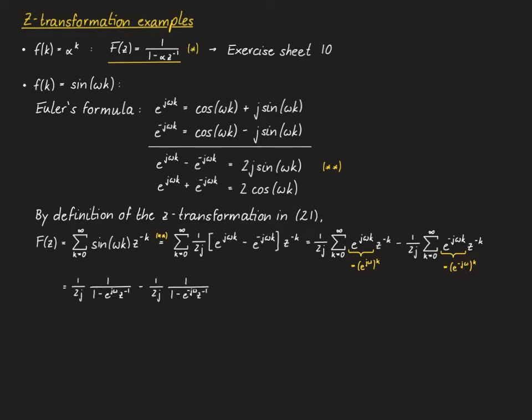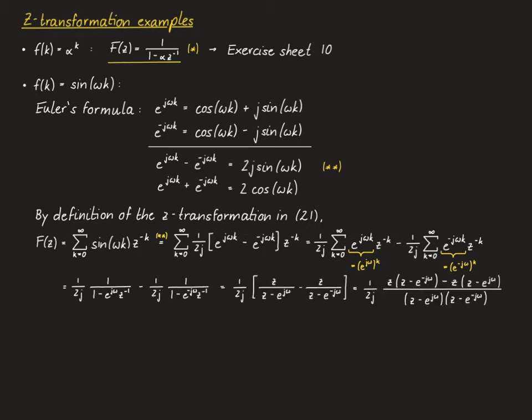Hence, with the formula in star, we obtain that f of z is equal to 1 over 2j times 1 over 1 minus e to the j omega z to the minus 1 minus 1 over 2j times 1 over 1 minus e to the minus j omega z to the minus 1.